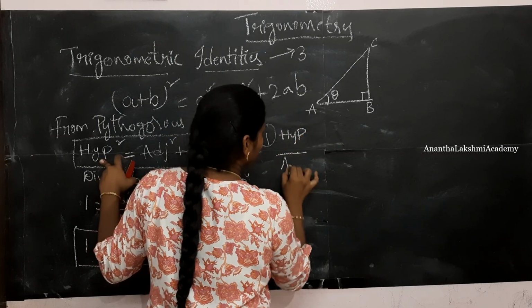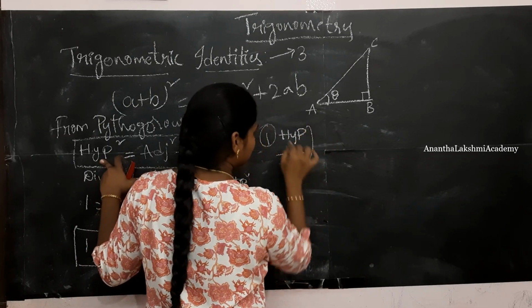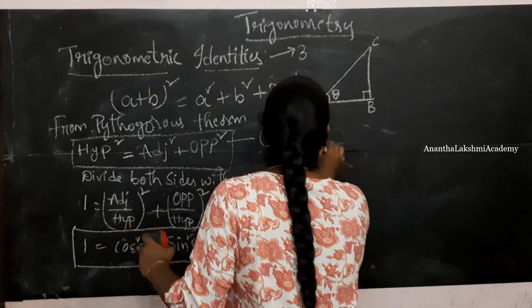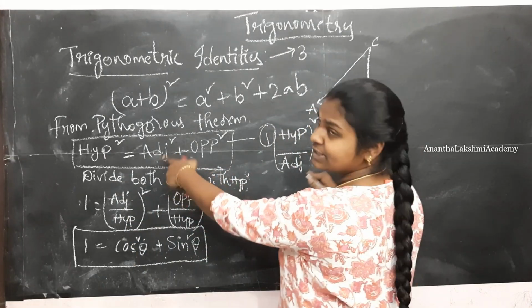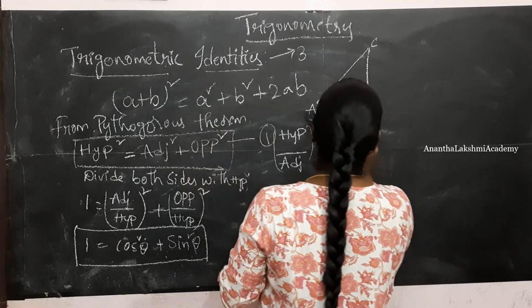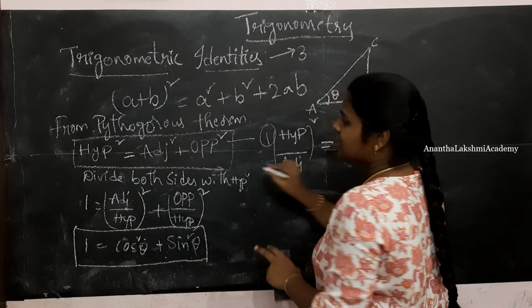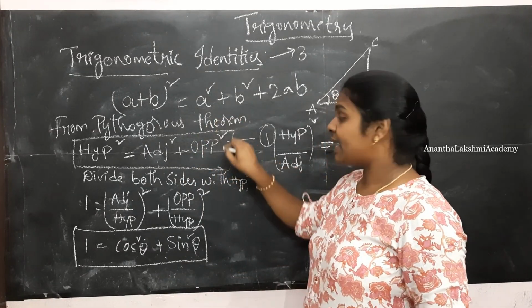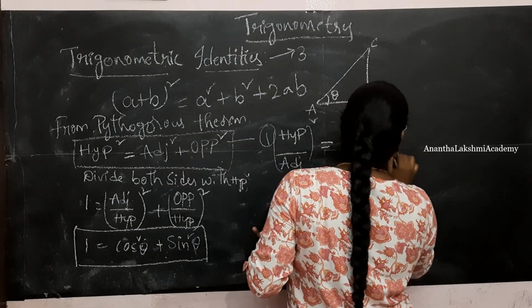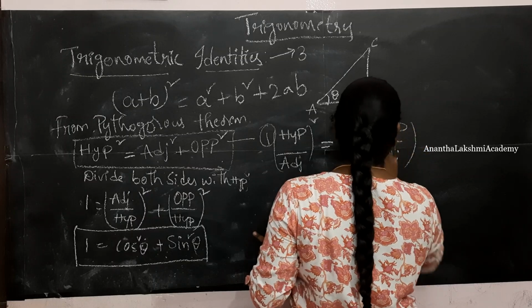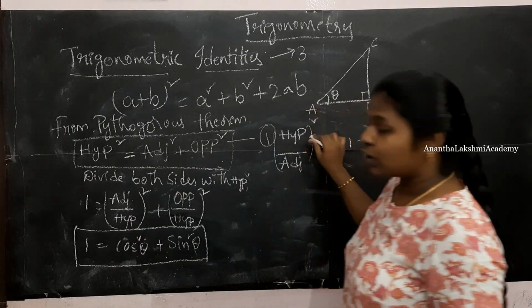Hypotenuse by adjacent whole square is equal to, adjacent square by adjacent square is nothing but 1, plus opposite square by adjacent square is nothing but opposite by adjacent whole square.